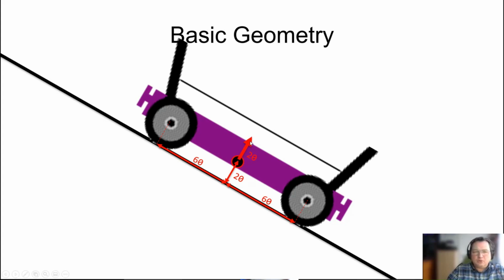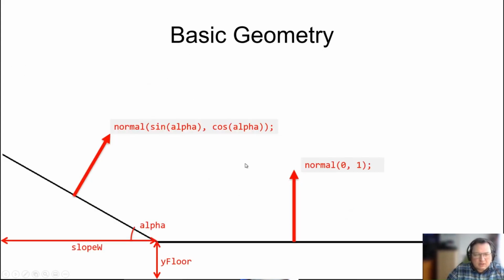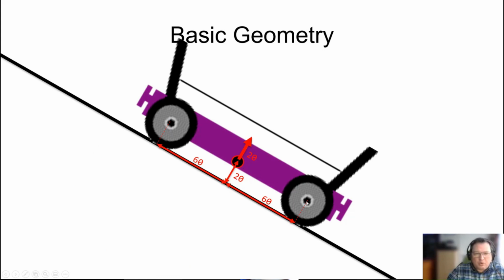This is the normal, and this would be the perpendicular. If we can only find the perpendicular vector for the normal vector, this perpendicular vector times 60 will move the front wheel here, and multiplied by negative 60 will move it this way.